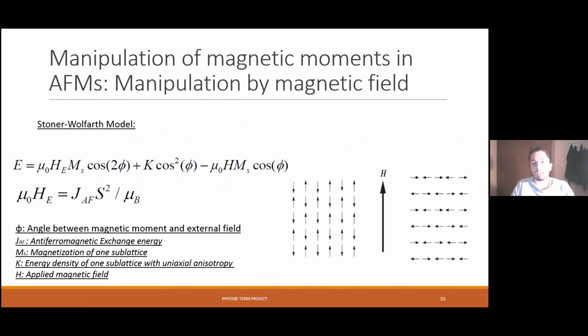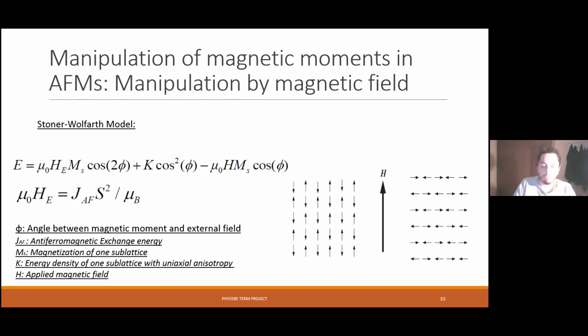And this is the external manipulation of the AFM magnetic structure. So this is the Stoner-Wohlfarth model. This is important. I don't want to bore you with numbers and equations, but this is important to understand what is happening between the antiferromagnetic spins and the external magnetic field applied, and what is the role of the anisotropy.